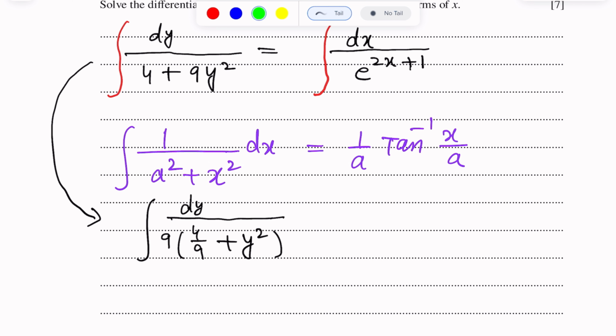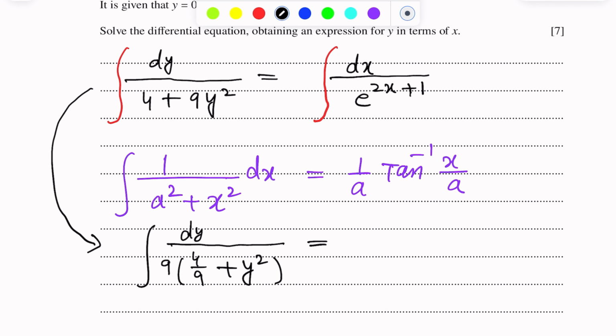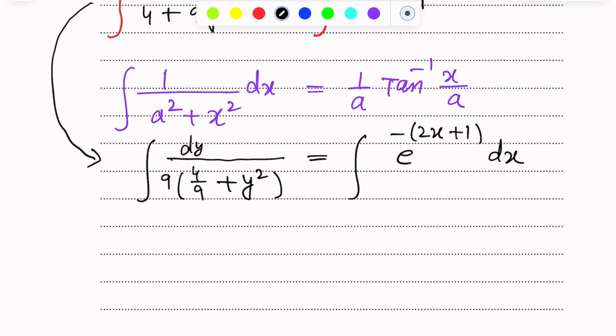Right side will be, we can write it as e power minus 2x plus 1 with respect to x. Now we can take this 9, which is in the denominator, outside the integration sign because it is just a multiple.